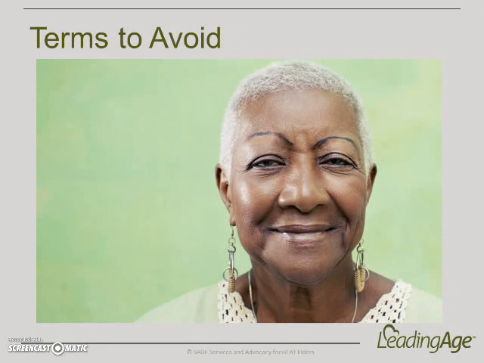Next, I want to take a look at some terms that we recommend you avoid when working with older adults. The first term is homosexuality. A lot of people don't know that homosexuality was considered a diagnosable psychological disorder until the year 1973.